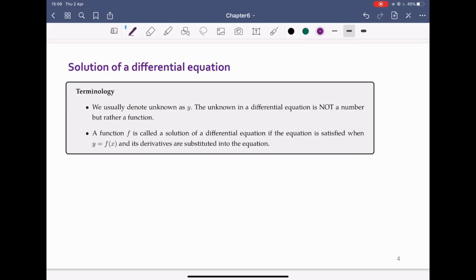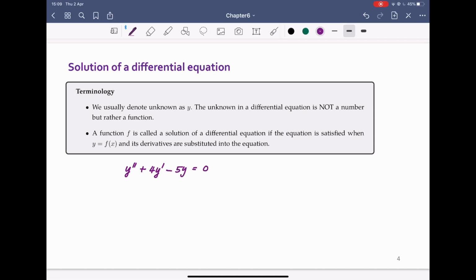Alright, next let's talk about the solution of a differential equation. One thing that you have to keep in mind is that a solution of a differential equation is a function. It is not a number. Let me give you an example here. Let's say that you have a differential equation y double prime plus 4y prime minus 5y equal to 0.